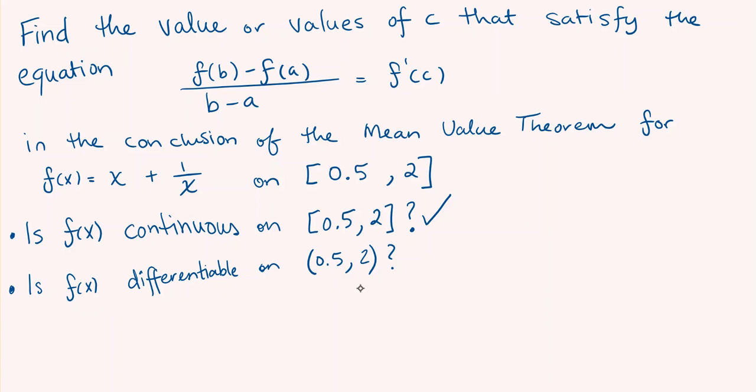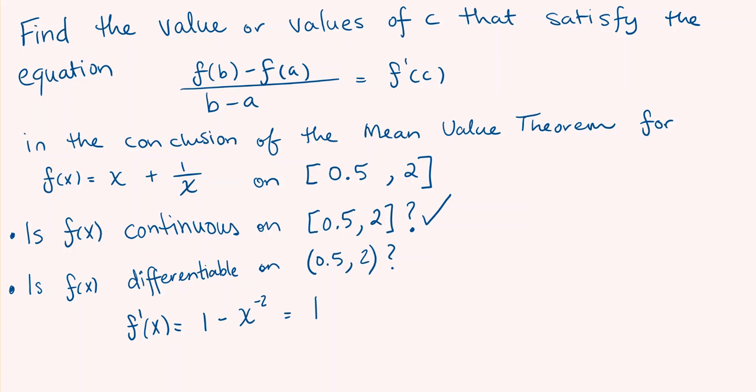We need to think about the question, is it differentiable? Well, let's take the derivative and look at when this derivative would exist. The derivative of this would be 1 minus x to the negative 2. One way you'd see that is to rewrite this as x to the negative 1 and apply the power rule for derivatives.